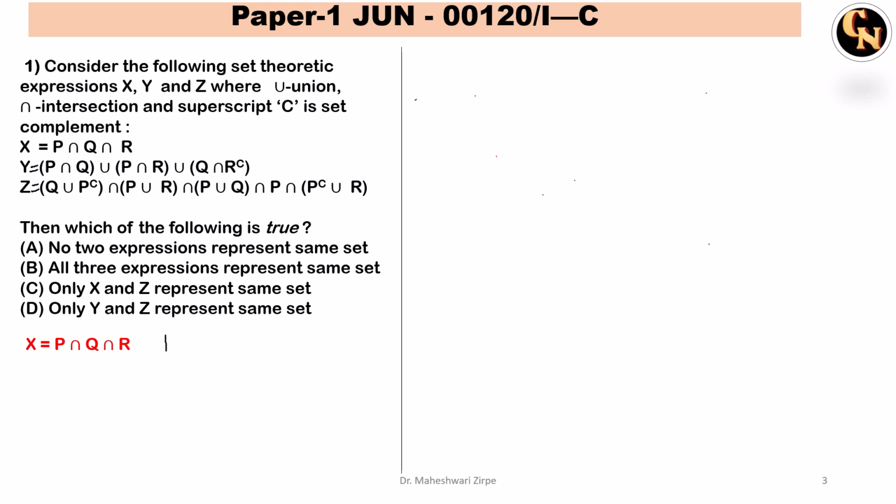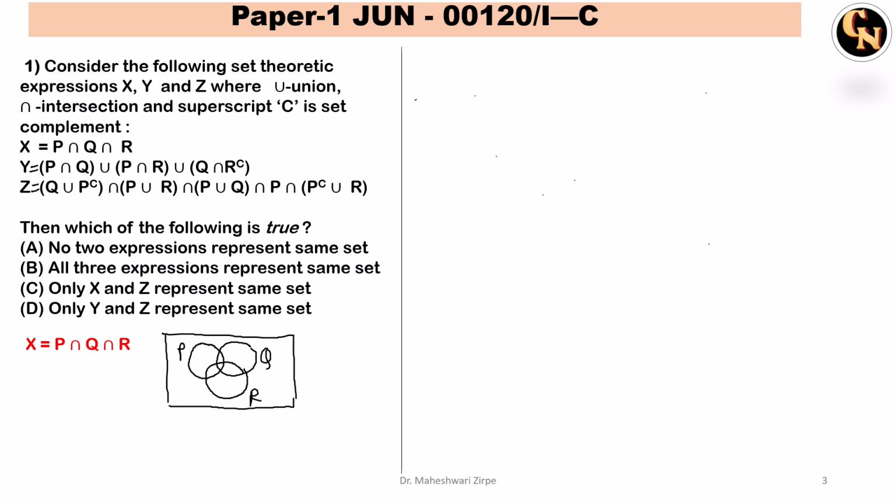If I show a universal set using a Venn diagram, this is my universe. How many circles are there? Let us say P, Q and R. Because they are intersecting, I have shown all the circles intersecting with each other.